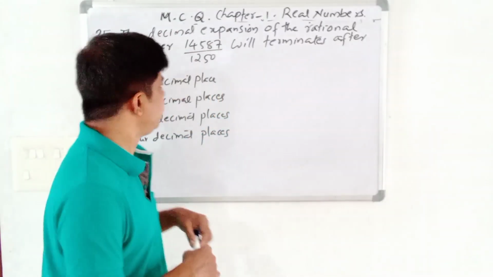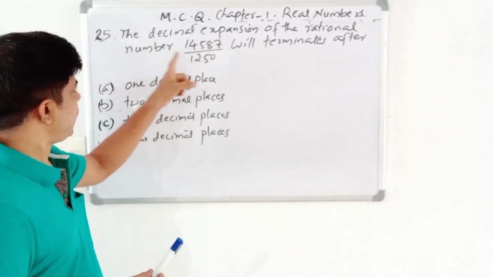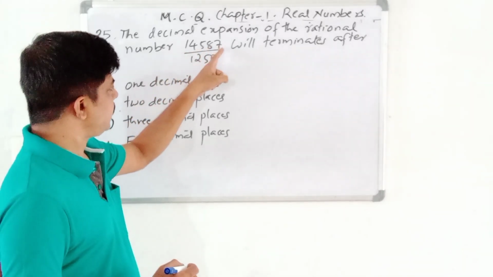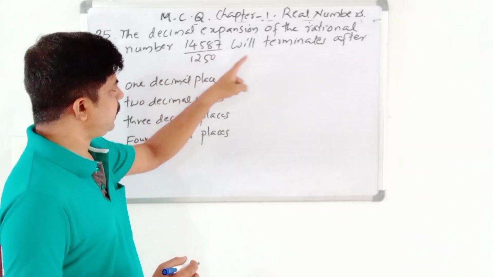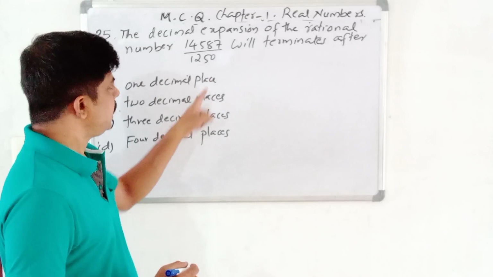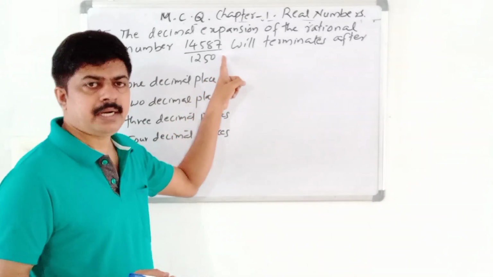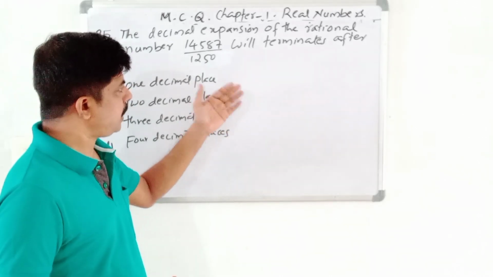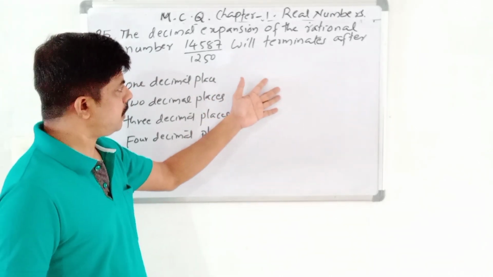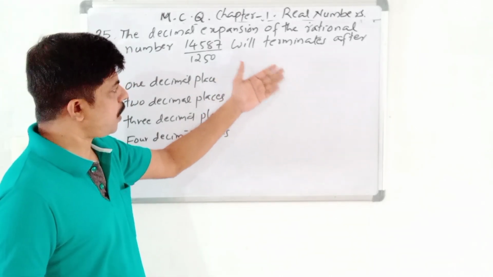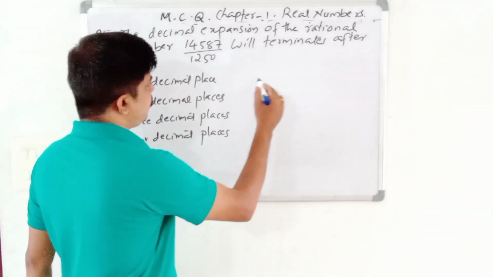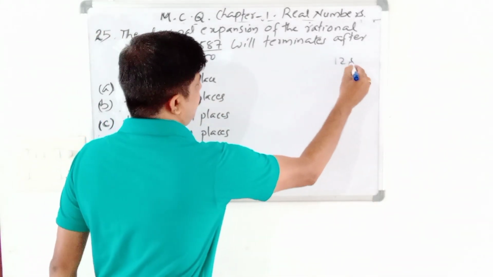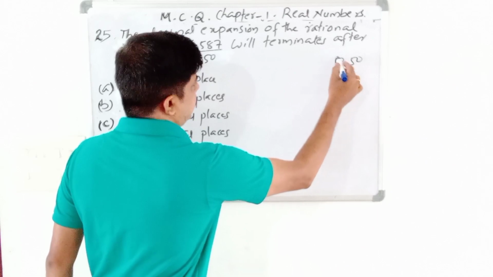To the next question: the decimal expansion of the rational number 14,587 divided by 1,250 will terminate after how many decimal places? As per the question, this is a terminating decimal. We are given that it is a terminating decimal, and we have to check after how many decimal places this will terminate. We have to find the prime factorization of 1,250.